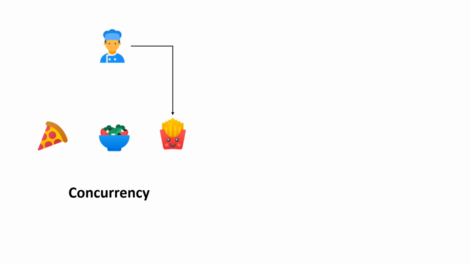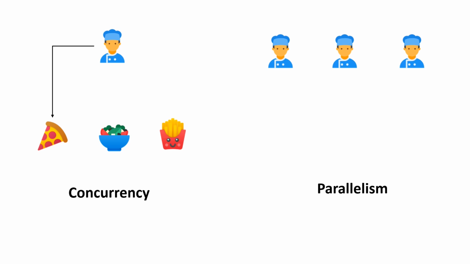But when we talk about parallelism, this restaurant has three chefs and they have to prepare the same three dishes. Because we have three chefs, all dishes can be prepared in parallel, right? Now you can understand how concurrency and parallelism work in a nutshell.